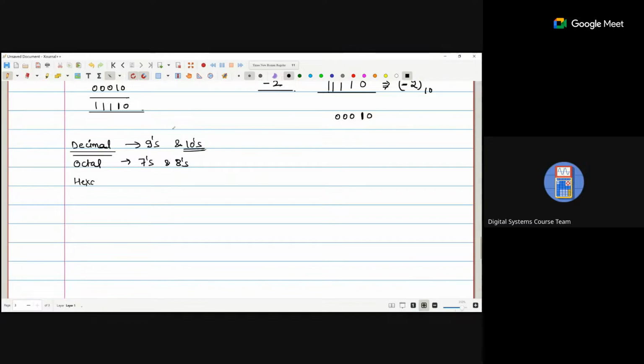And for hexadecimal, we require the 15th complement and 16th complement. Or sometimes we call them the F complement and F plus 1 complement.